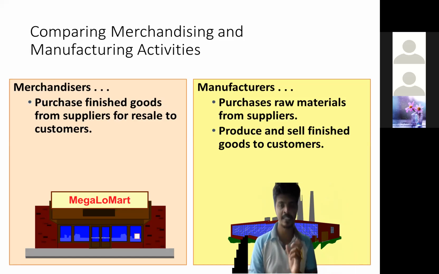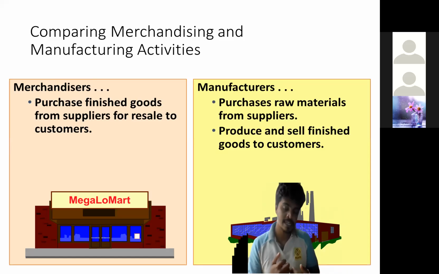But manufacturers are purchasing raw materials and they are incurring some production cost. So we need to calculate the manufacturing cost. So they are having the manufacturing account. Then when they are calculating the cost of sales, they are not adding purchasing, it is opening stock plus production cost.